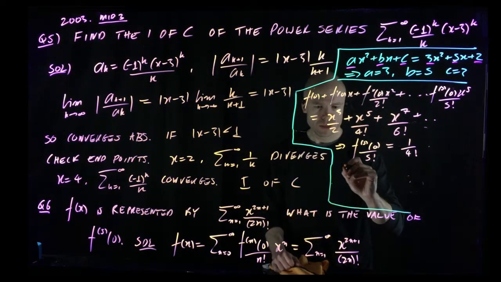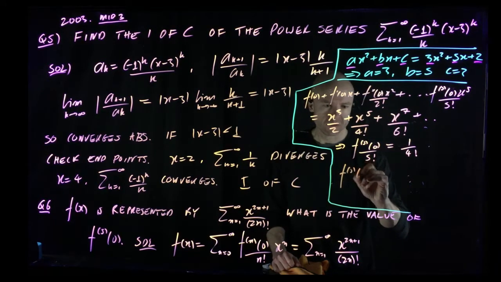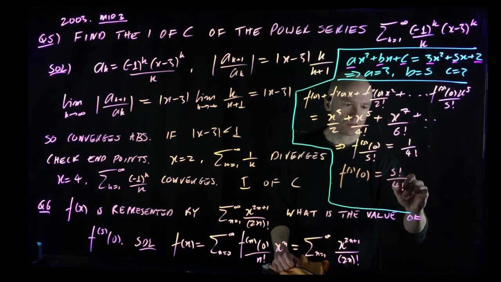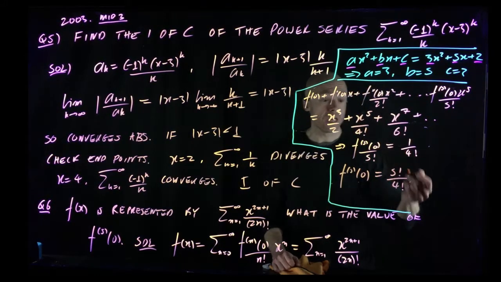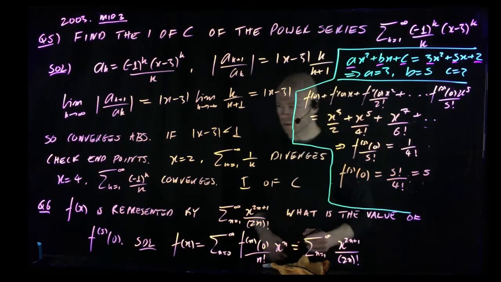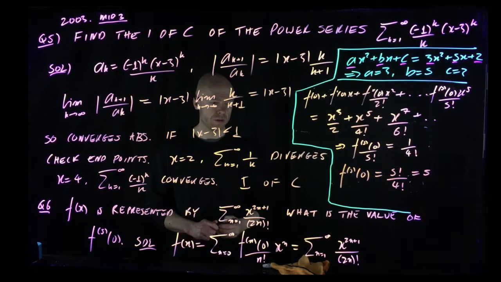Which in particular means that the fifth derivative at 0 has to equal 5 factorial over 4 factorial. 5 factorial is 5 times 4 factorial, so this is just equal to 5. That answers our question, right?